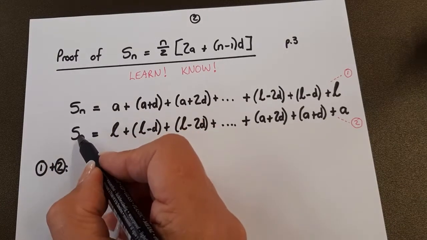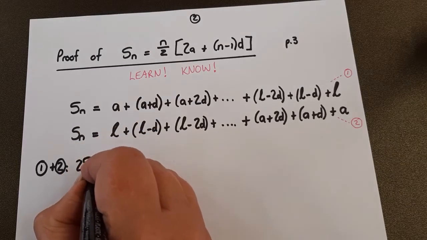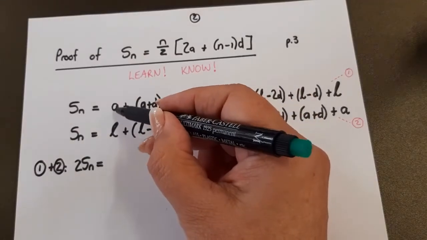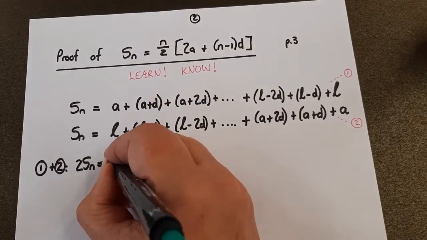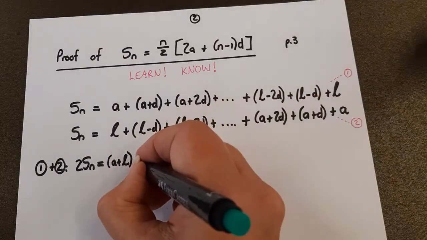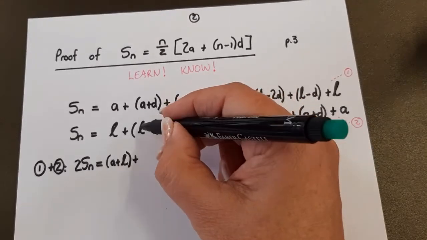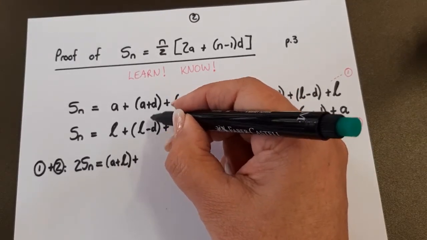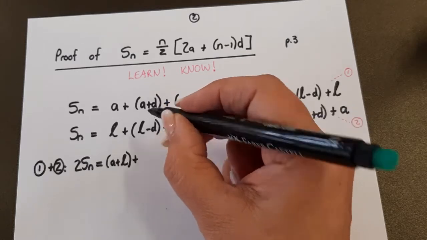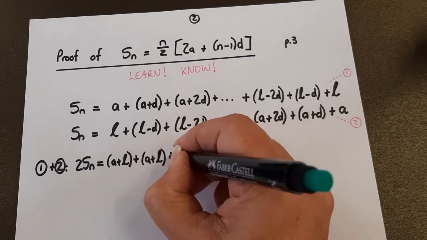If you add these two, you will get 2Sn. If you add these two, you will get a plus l. If we add these two, we get a plus l, and d minus d falls away. So these two added together will also give you a plus l.